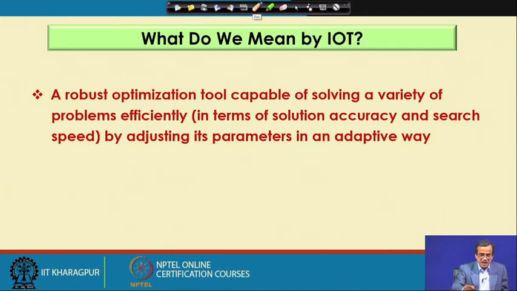By intelligent optimization tool, we mean that this tool has to be robust. Robust in the sense that it should be able to solve a variety of problems efficiently in terms of the solution accuracy and the search speed. And how to get it?